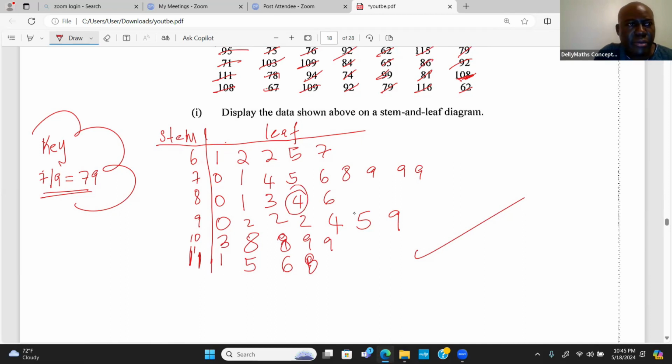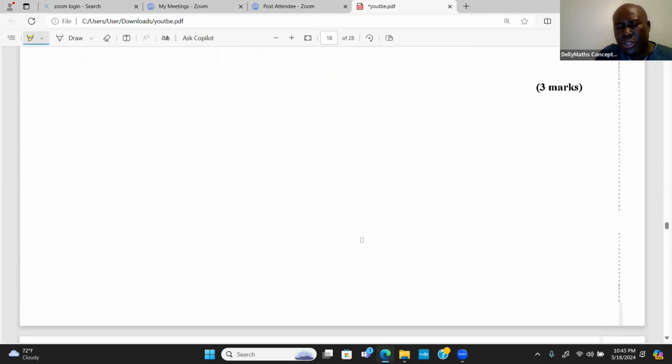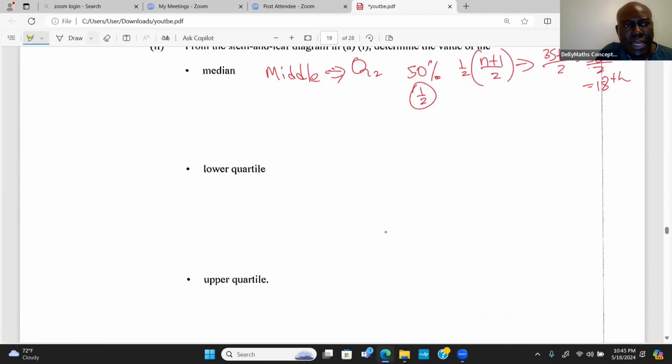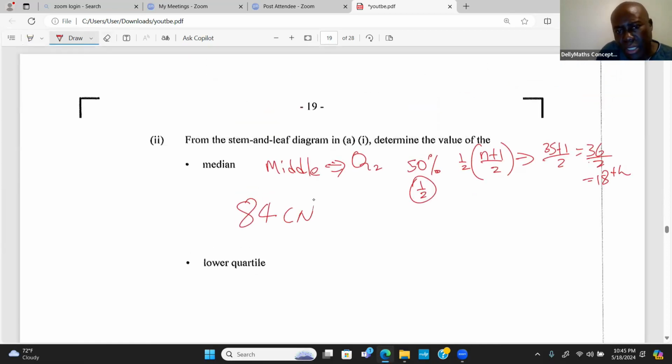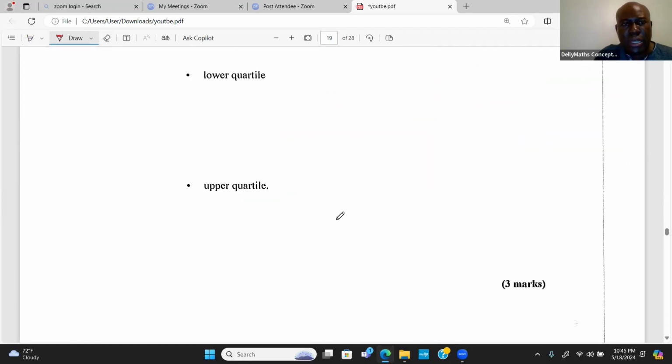So that's my 18th term right here. This is my median, and that's 84. So my 18th term landed on 84. It's going to be 84 centimeters. All right, let's get to the next one now.